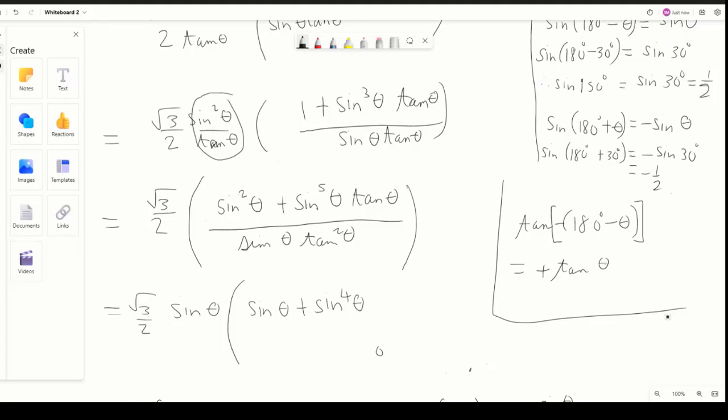So I've taken out the sine, and inside here I'm left with tan squared theta.